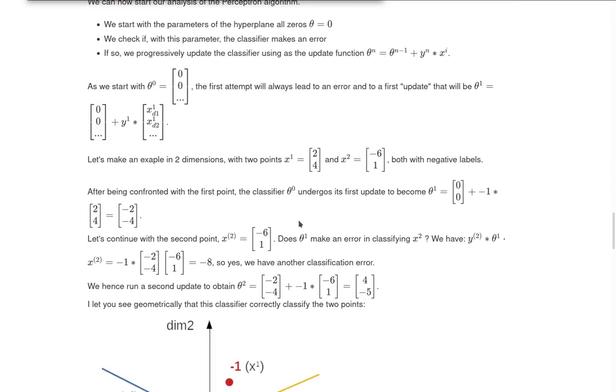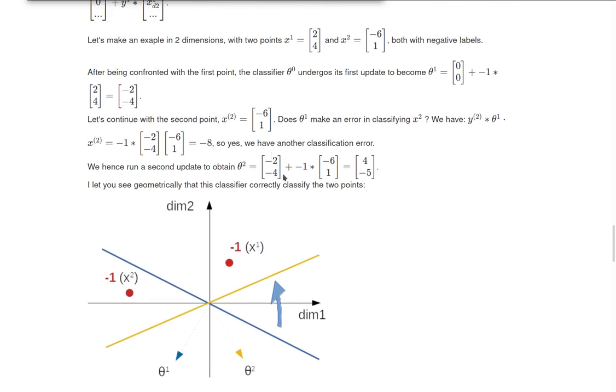Let's make a concrete example. Let's use 2 dimensions, so we can visualize it easily. Let's say that our dataset is made of 2 points: x1 is 2, 4, so it is this one, and the second is -6, 1, and both have negative labels.